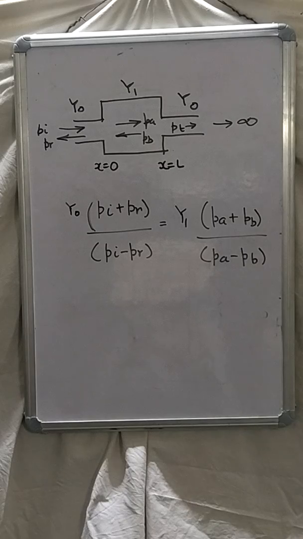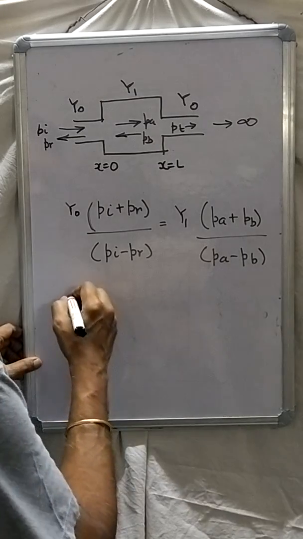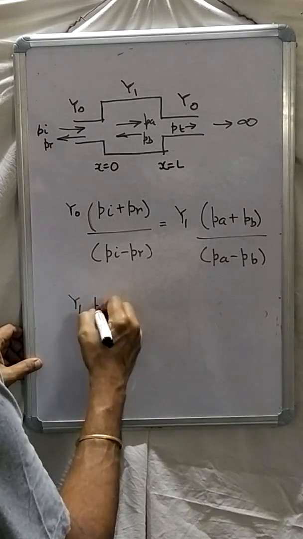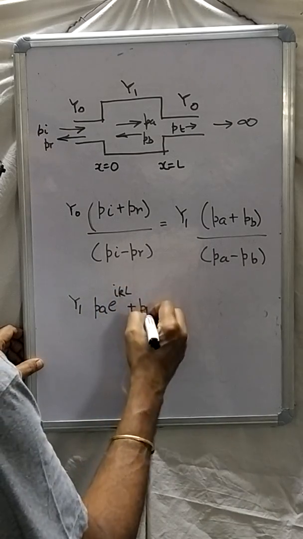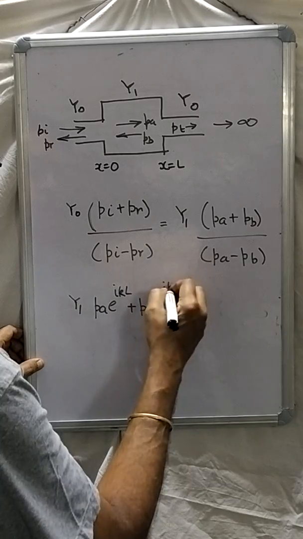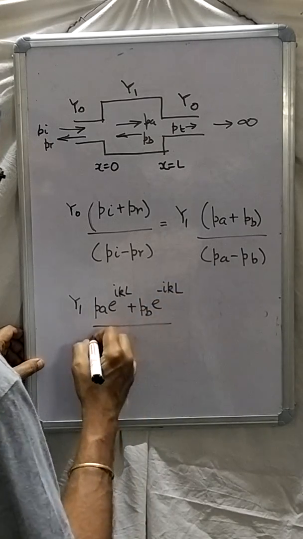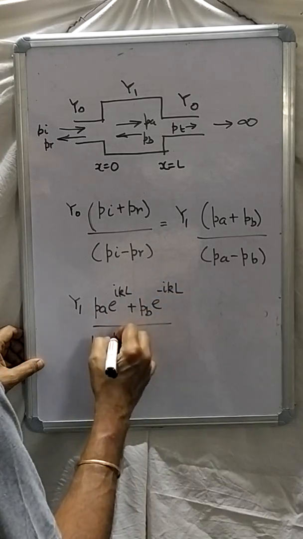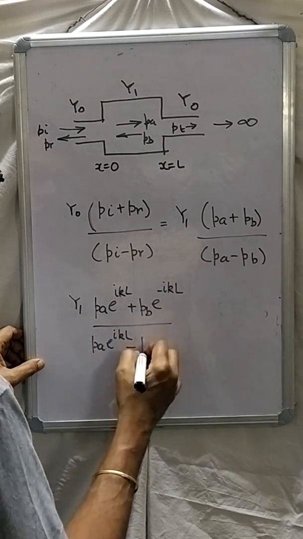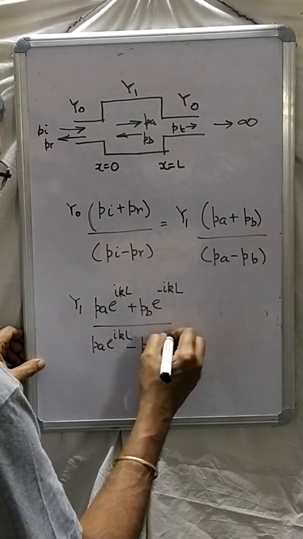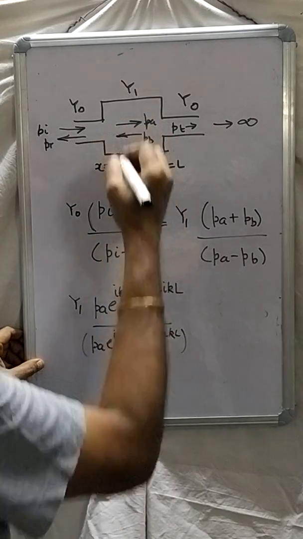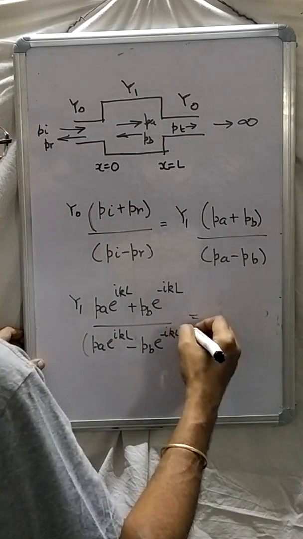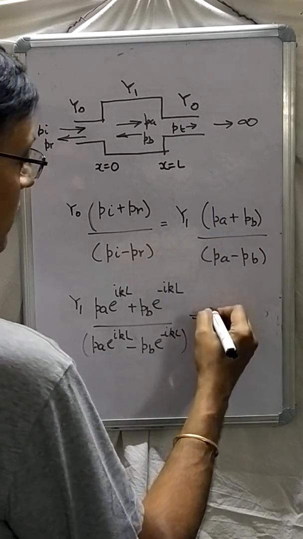Now at x equal to L, what we are going to have is Y1 times PA e to the IKL plus PB e to the minus IKL, which is the reflected wave, divided by PA e to the IKL minus PB e to the minus IKL. So this is of course the impedance on the left hand side, which is continuous across into the exit pipe.